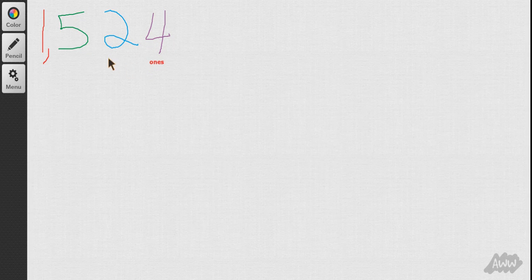And over here, the 2 is in, that's right, the tens column. The 5, if you sound like you're on the right path here, is in hundreds. And the 1 is in the thousands column. For right now, all we're going to worry about is just those 4 placements.